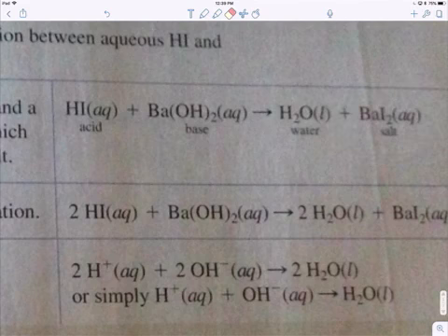So there are 2 definitions for salt in chemistry class. The first definition is a metal plus a non-metal, and the non-metal is not a hydroxide or an oxide. So that is one definition of a salt. The next definition of salt is it's the result of an acid-base neutralization reaction.